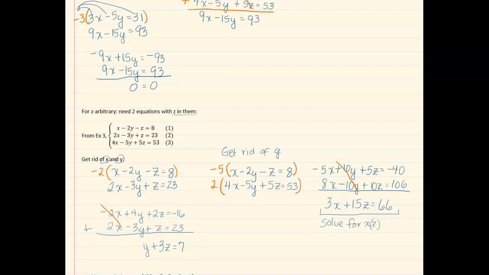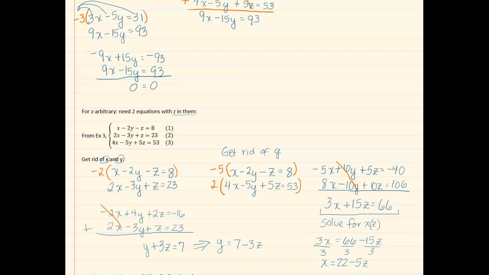So when we do that, I'm going to get 3x is equal to 66 minus 15z. And notice, now when I divide by 3, it reduces for me, and we get x is equal to 22 minus 5z. We're going to do the same thing over here. We're just going to solve for y. When we solve for y, we find y is equal to 7 minus 3z.